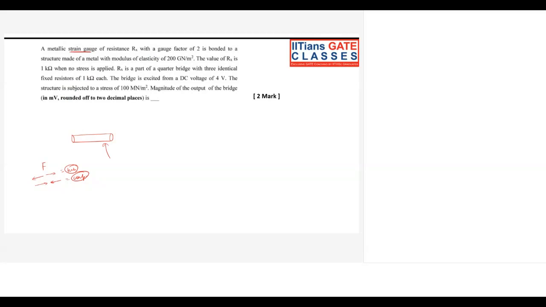It means that initially we have the conductor like this. If you apply the compressive force, then it will compress. If it compresses, then area will be increased and length will be decreased. So there is some change in the dimension. Due to this change in the dimension, which we generally quantify as epsilon, your resistance is going to change.